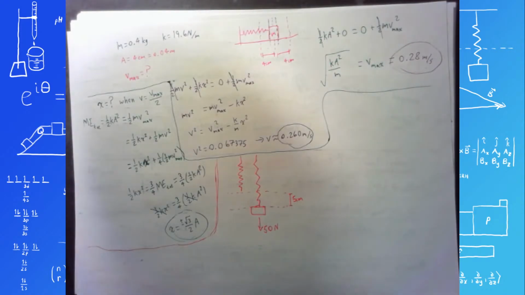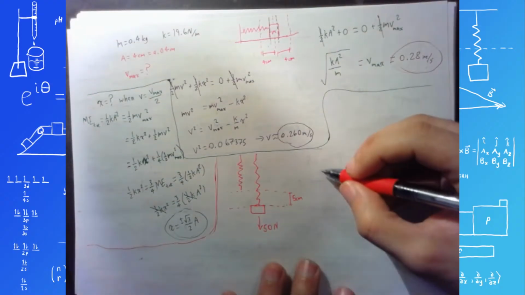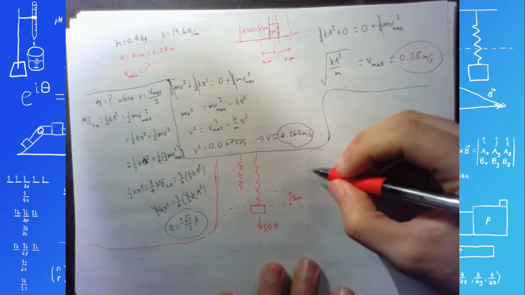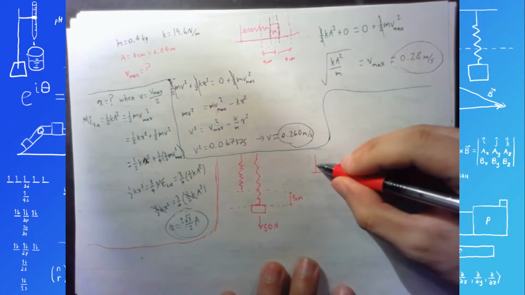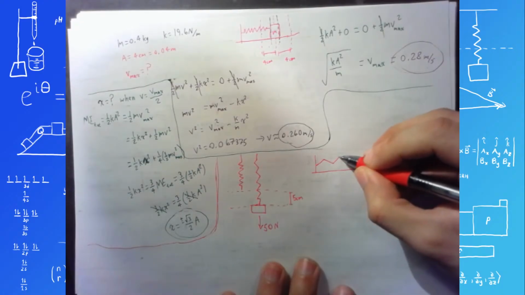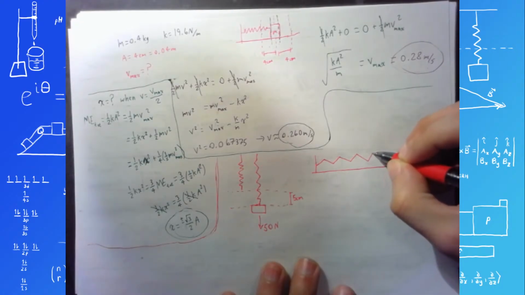The spring is now placed horizontally on a table and stretched 11 centimeters. So they take that same spring and lay it out horizontally, and now they stretch it 11 centimeters.